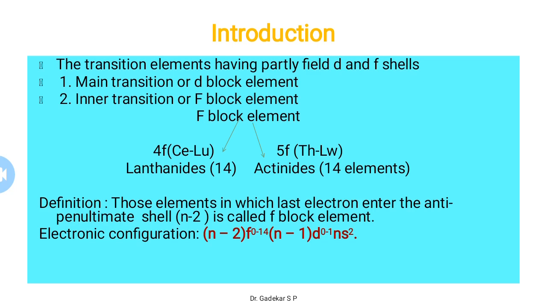Now the definition: those elements in which the last electron enters the antepenultimate shell, the n-2 shell, are called f block elements. The electronic configuration of these elements is written like this: (n-2)f0 to 14, (n-1)d0 to 1, and ns2.